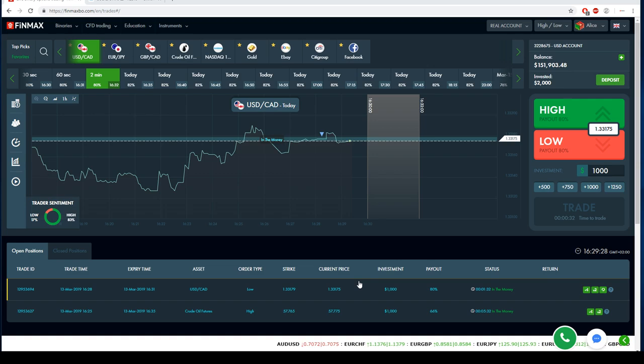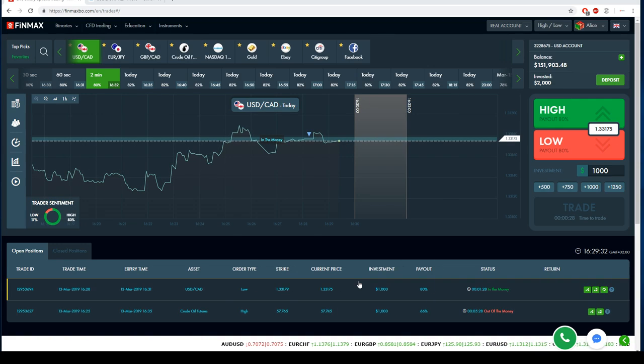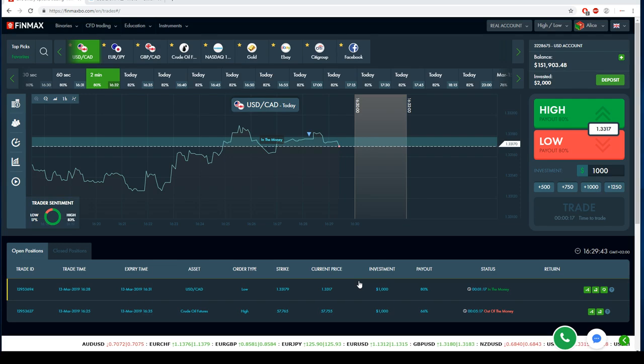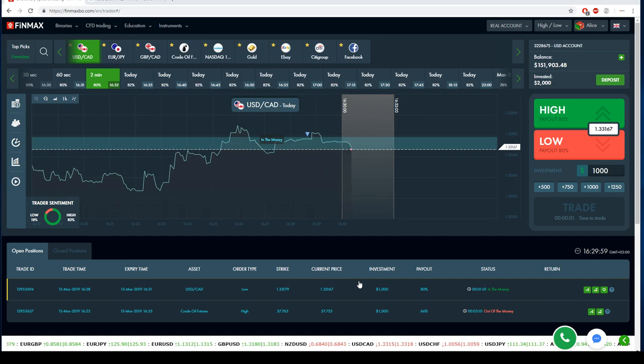For now, trades are in the money, but as usually on such events, everything can happen. The most important is to be cold-blooded, to keep a cold head, and to trade, to make money despite the market situation, and follow the strategy that you have, if it works. If the strategy doesn't work, you should change it for the one that works.